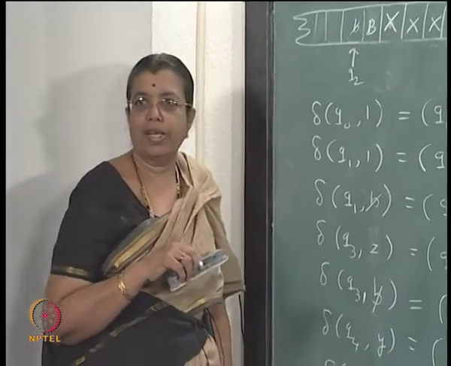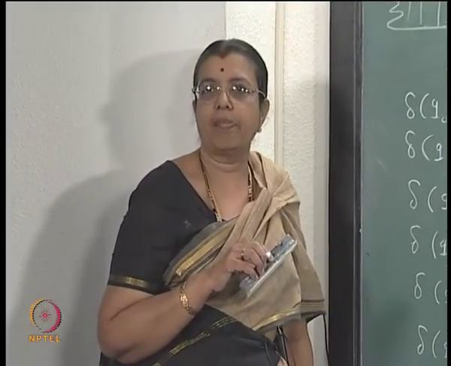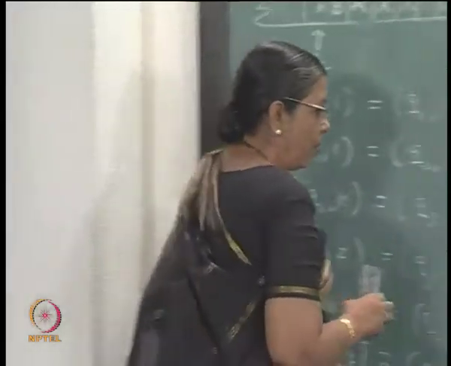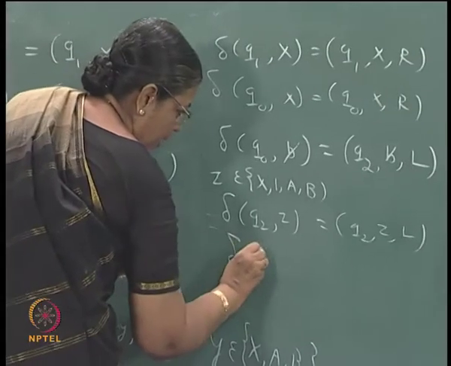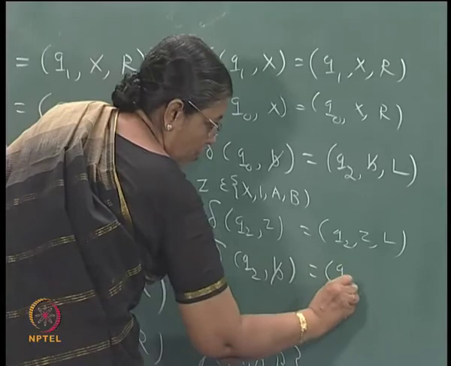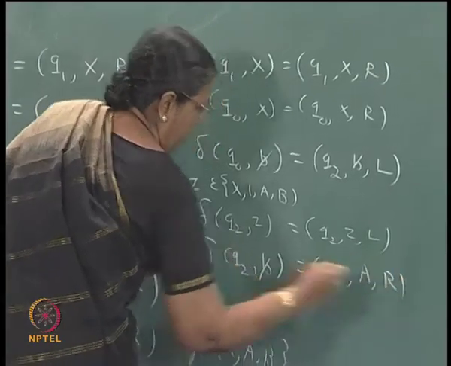Now, what should you print, A or B? A. So, delta of Q2 blank is Q4 A, right.